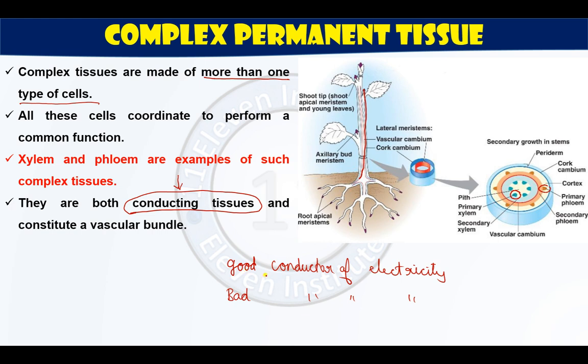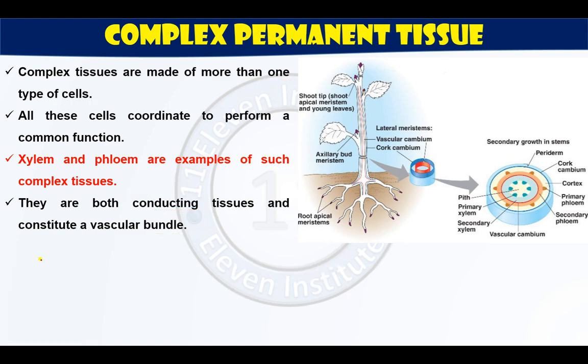So if anything can flow, we can say that that particular tissue or thing is a conductor. Here the xylem and phloem are responsible for the flow of things throughout the plant body, and hence they are known as conducting tissues, because water and food materials can easily be transported from one place to another with the help of xylem and phloem. Hence they are known as conducting tissues, and they are also known as vascular bundle. So they are the conducting tissues and they constitute the vascular bundle.